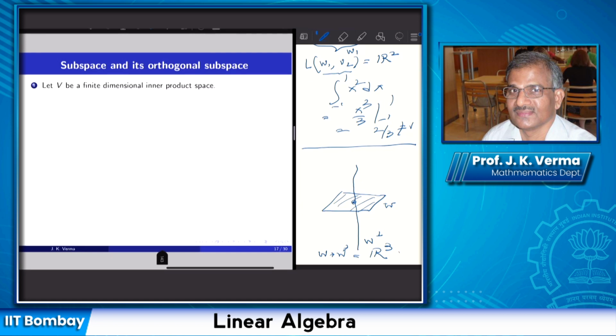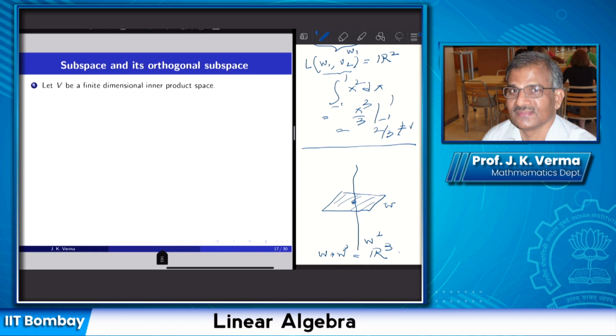Okay, so we now want to generalize this concept. Starting with any subspace of a finite dimensional inner product space, I want to pass to another subspace so that vectors in this subspace are perpendicular to all the vectors that you started with. We did this in the Gram-Schmidt process. There, I had a mutually perpendicular set of vectors in a subspace, and then I constructed a vector W m plus 1 which was perpendicular to every Wi which was previously constructed.